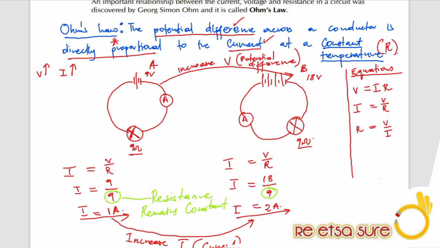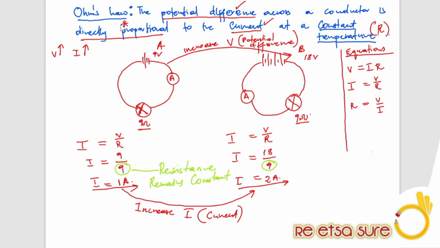So let us go back to Ohm's law. Ohm's law states that the potential difference across a conductor is directly proportional to the current at a constant temperature. Why constant temperature?